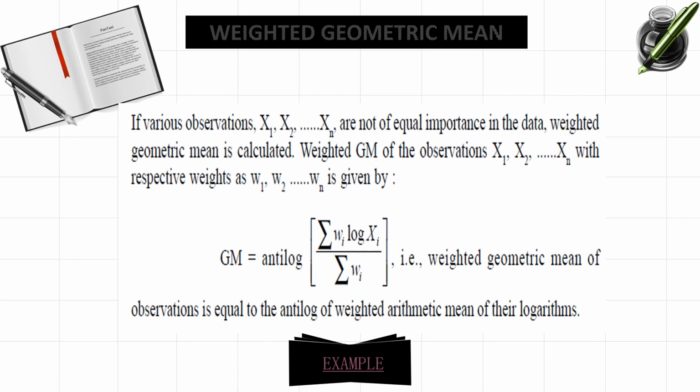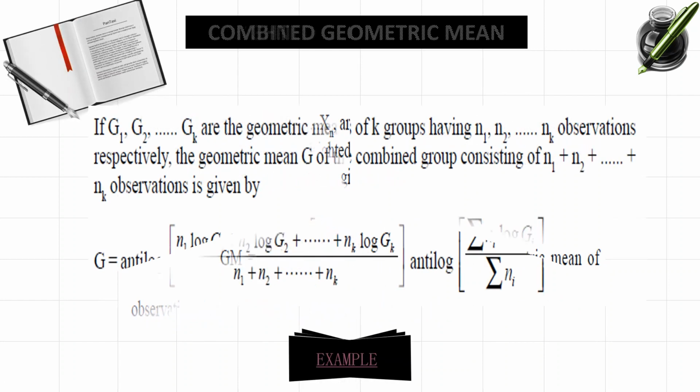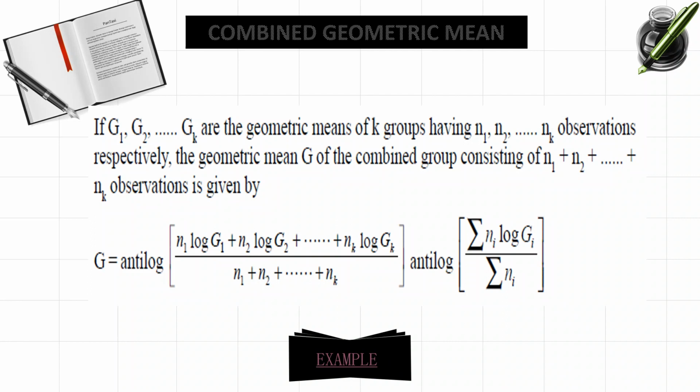Now let's move to combined geometric mean. Suppose there are k groups, and the geometric means of the k groups and the corresponding observations are given to you. In such cases we need to find a combined mean. Here is the formula: anti-log of n1 log g1 plus n2 log g2 plus and so on plus nk log gk, if k groups are given.